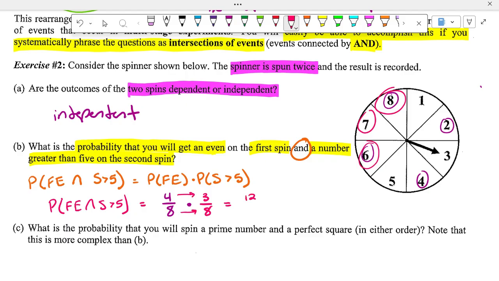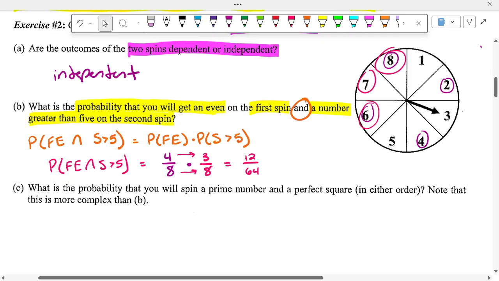So this will be 12 over 64. What is that simplified? You're doing your calculator, just type it in, hit math, enter. It's what? 3 over 16.